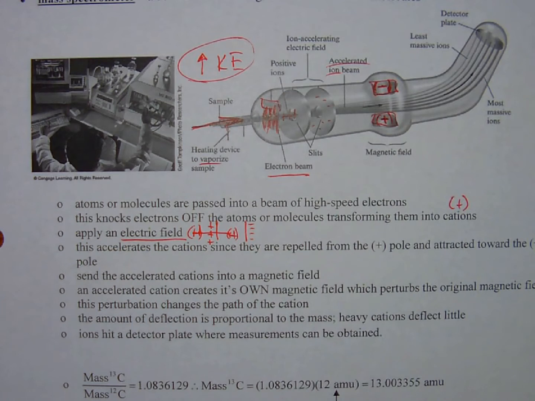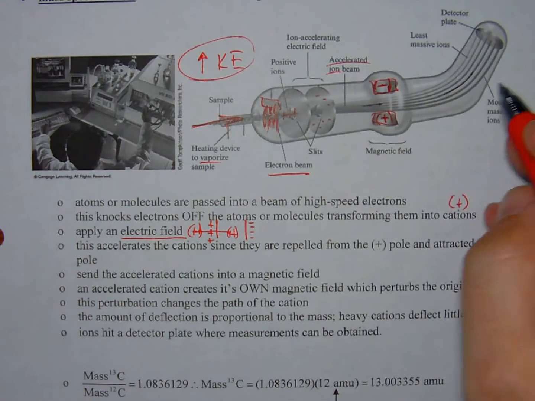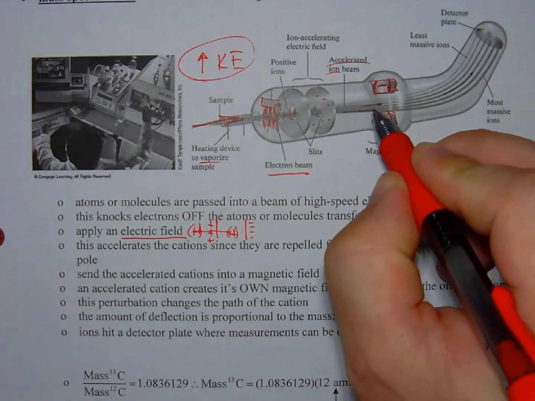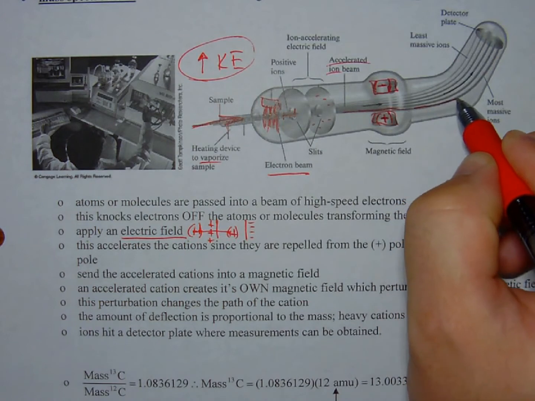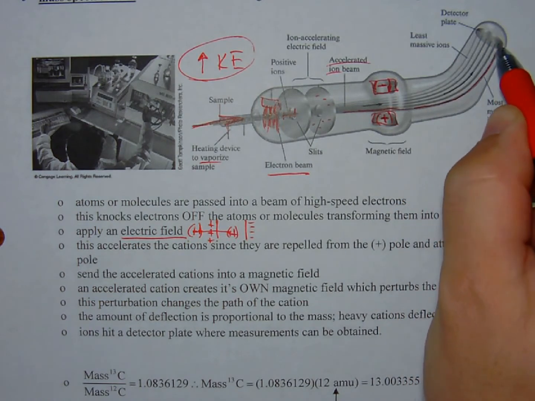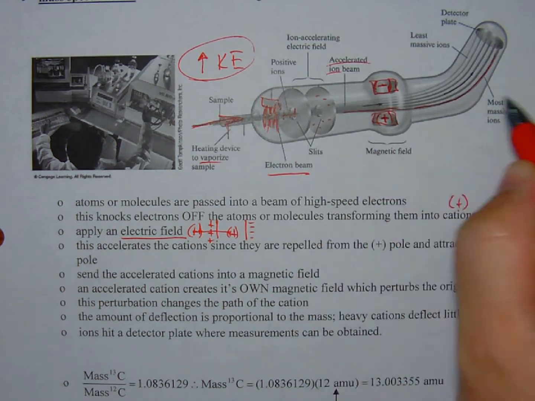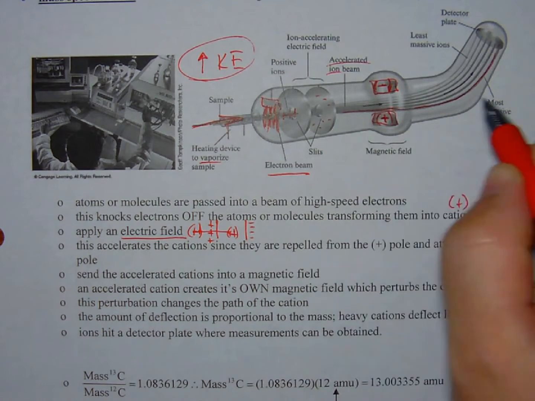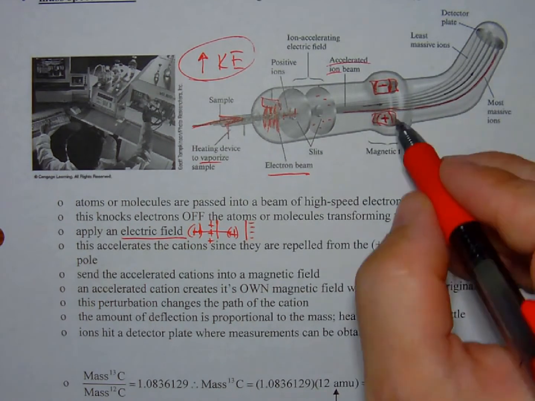Now, the amount of deflection is going to be proportional to the mass of the atom or molecule that went into the system. That means the most massive, meaning they have the most weight to them, are going to be deflected the least, meaning they're going to stay closer to the straight line. They're going to stay down on this plane, at least relatively.